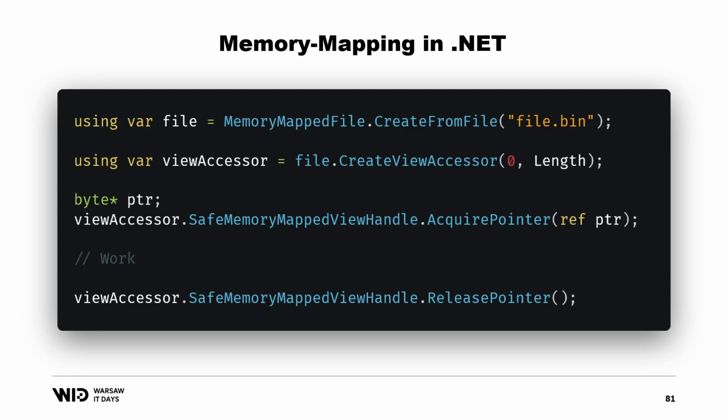And now, I use a pointer acquire call to get the pointer to the first byte of this memory mapped range of memory. When I'm done working with the pointer, I can just release it. Working with pointers in .NET is unsafe. It requires adding the unsafe keyword everywhere, and it can blow up if you try to access memory beyond the end of the allowed range. Luckily, there is a way to work around that.